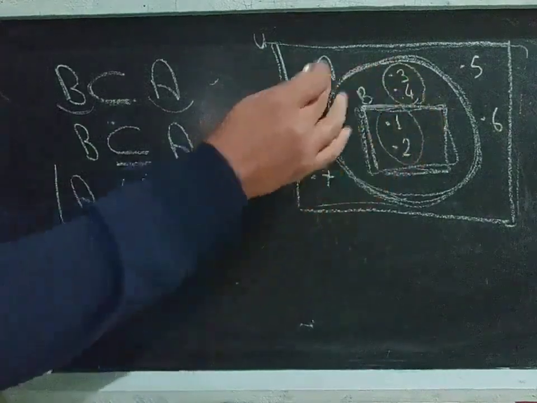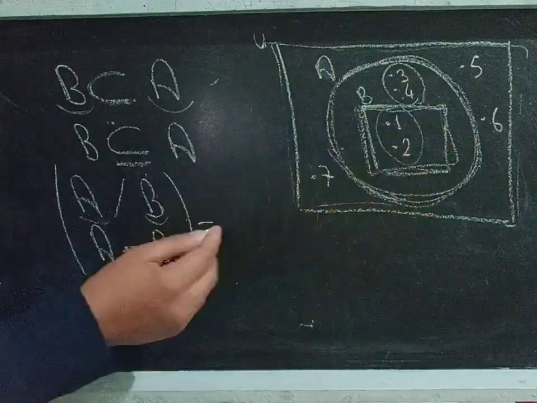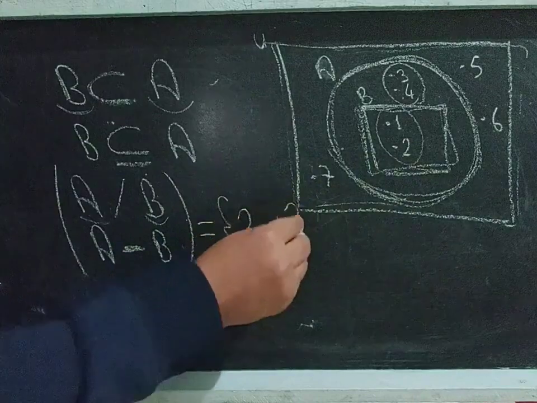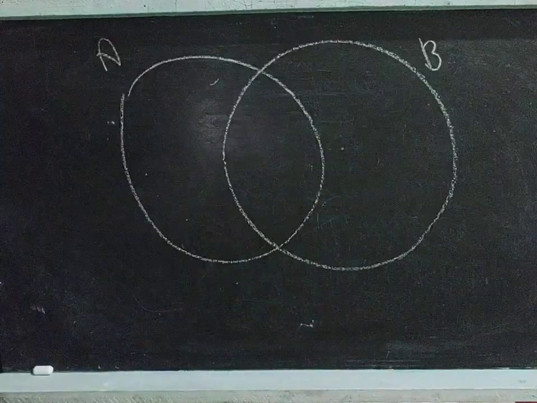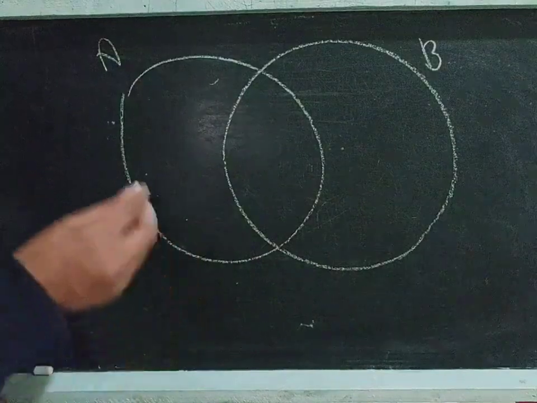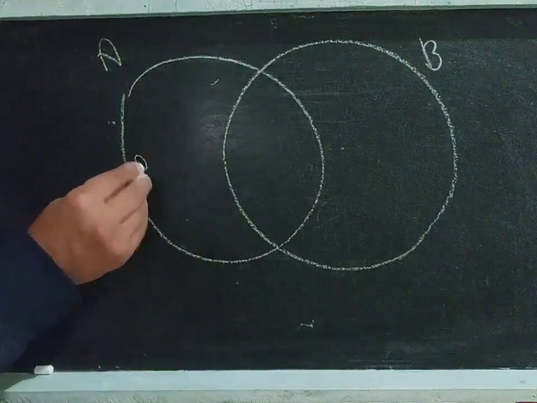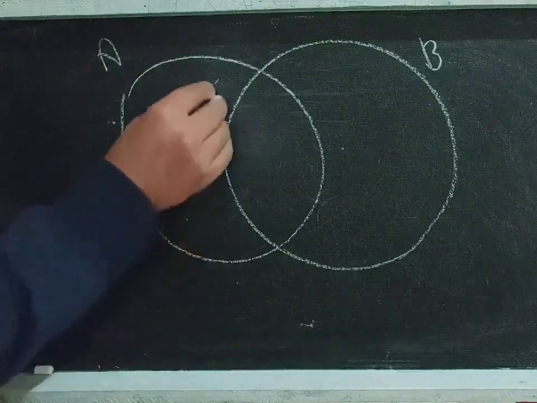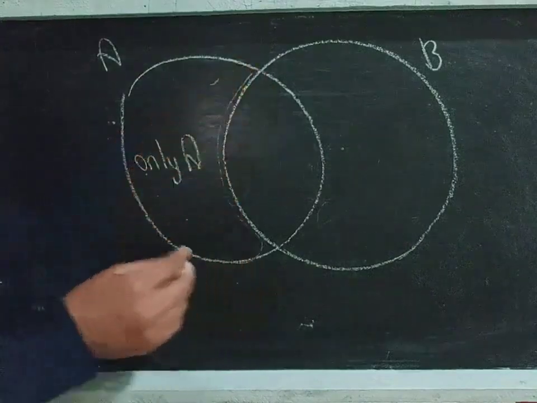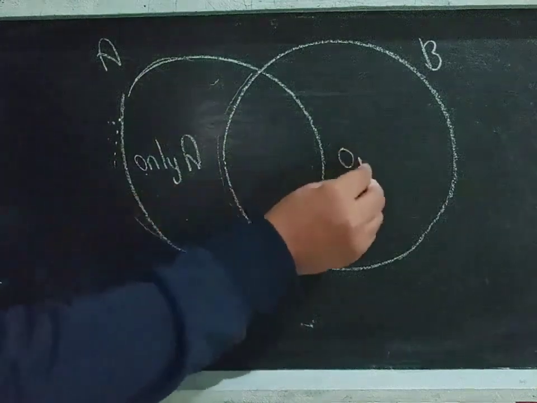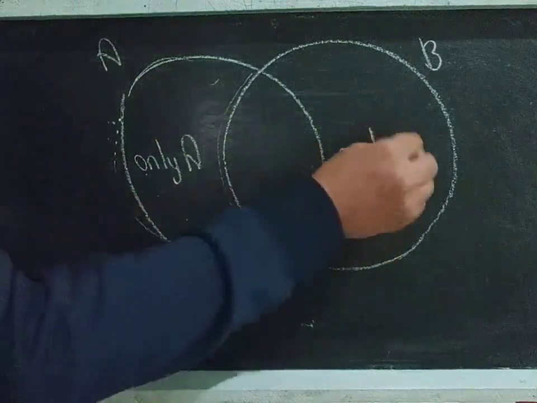They are under A but not B. Now from those two shapes, this part is called only A. Any element from this side is going to be only A. From this side is going to be only B.